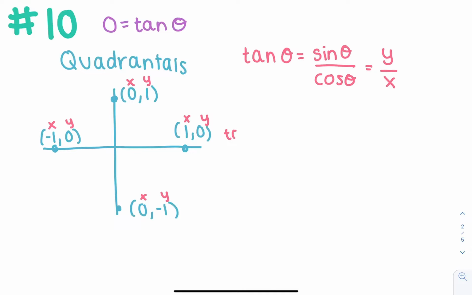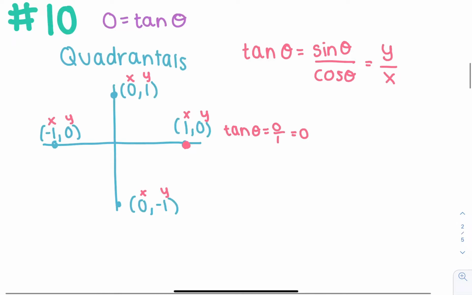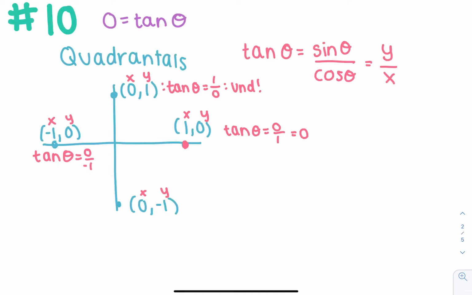Well, here tangent of theta is 0 over 1, which is 0. So here's one time where it works. Let's try this one. Here, tangent of theta is 1 divided by 0, which is undefined. Here, tangent of theta is 0 over -1, which is 0.